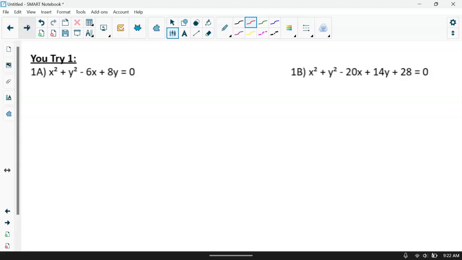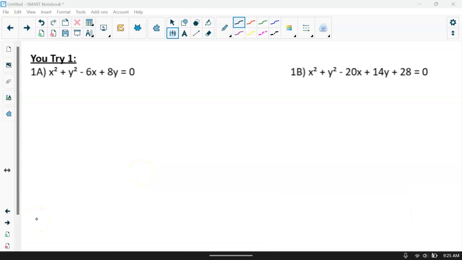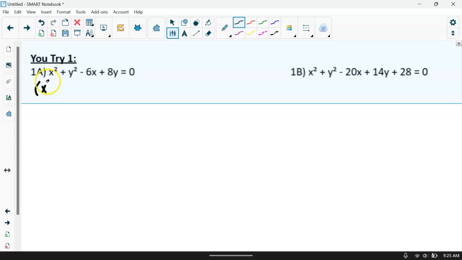So here, pause the video and try these 2 U-tries on your own. And here we go. So here you should have organized. So we've got x squared, oops, not plus, minus 6x, then space here to complete the square, then plus y squared plus 8y is equal to 0.